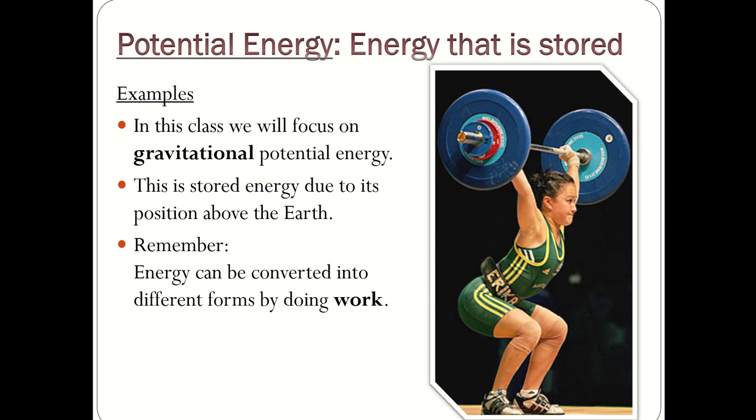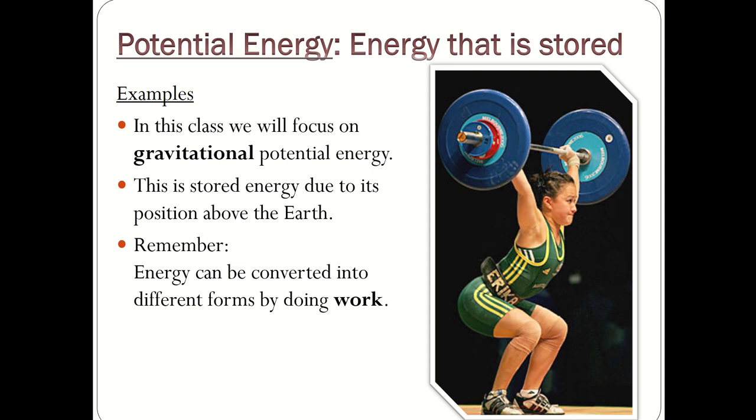Again, there's a reminder here: energy can be converted into different forms by doing work. And this is really going back to the first law of thermodynamics, that energy cannot be created nor destroyed, it can only be transferred or transformed. So energy can be transformed, and as it gets transformed, it can do work.